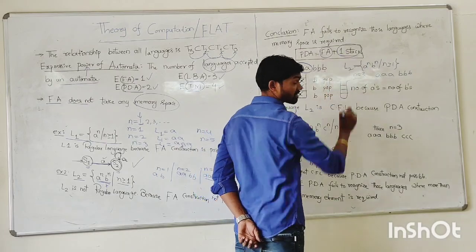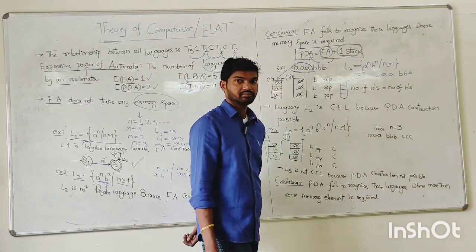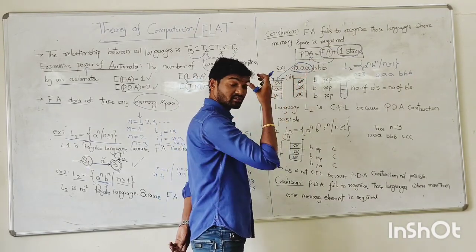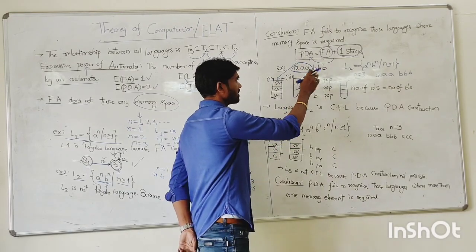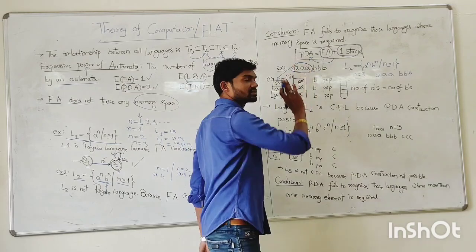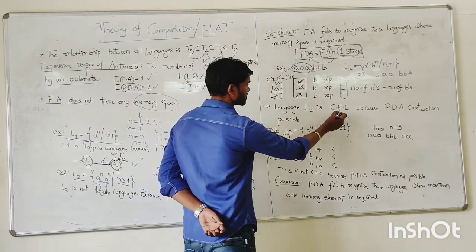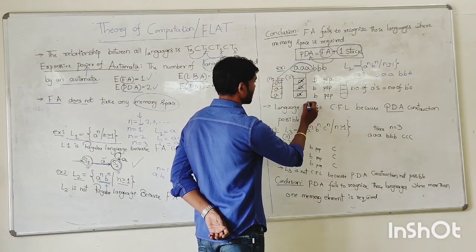If you add one stack to a finite automaton, that is called a pushdown automaton. So for equal numbers of a's and b's, whenever a's come, we pop the a's and empty the stack. Simply, pushdown automaton construction is possible here. So we are successful in constructing a pushdown automaton for a type 2 language, like this language.